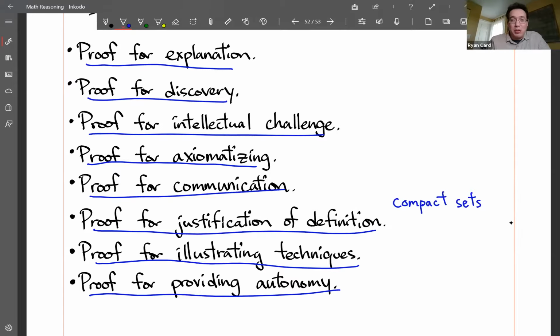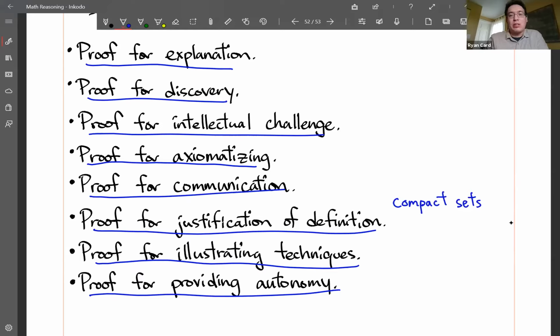What I want you to be able to do is to be inspired by a subject and try to explore on your own. Like you decide what you want to explore, and being able to write down proofs gives you the power to do that.